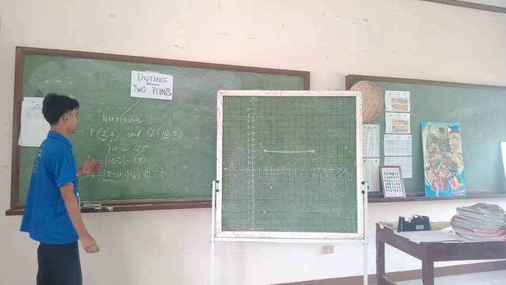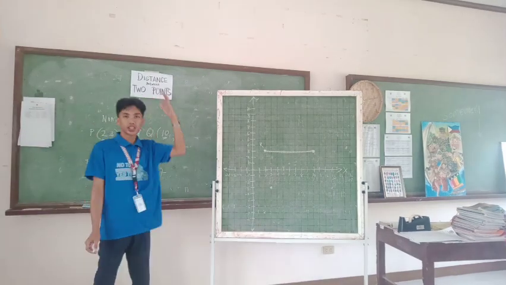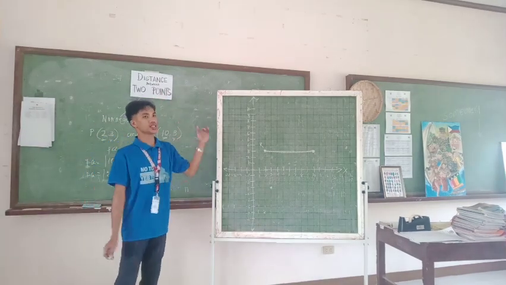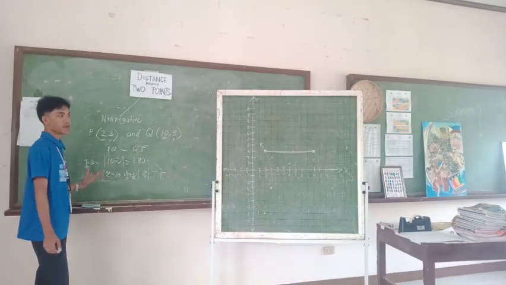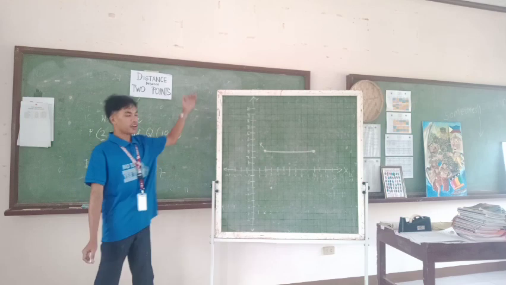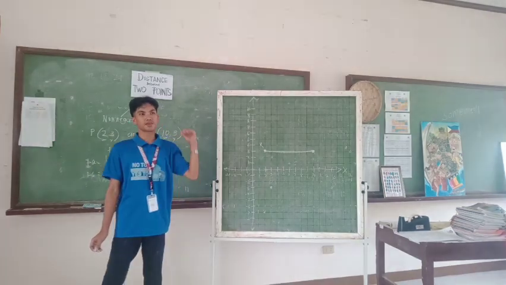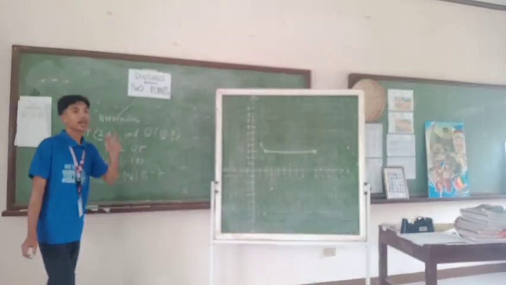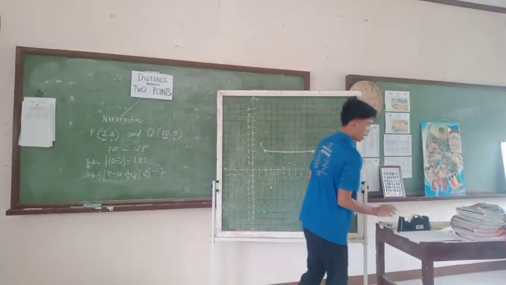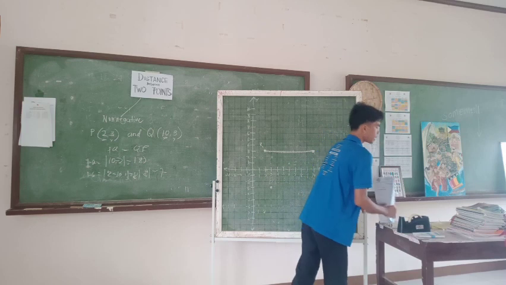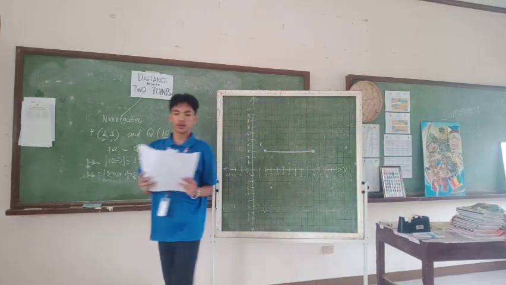If these 2 points are horizontal, you just find the x coordinates to find the absolute value, and if these 2 points are on a vertical line, you just find the y coordinate. That's all.